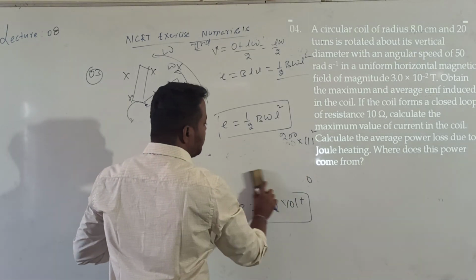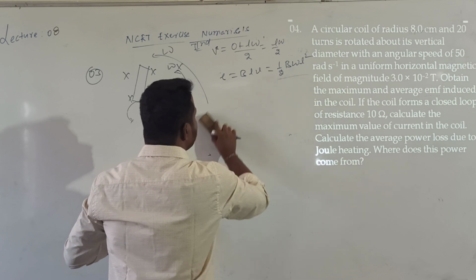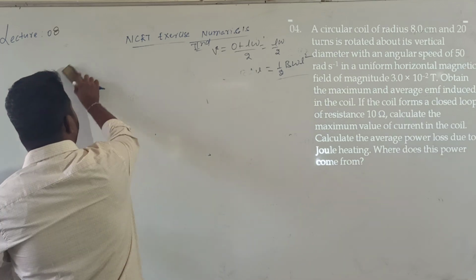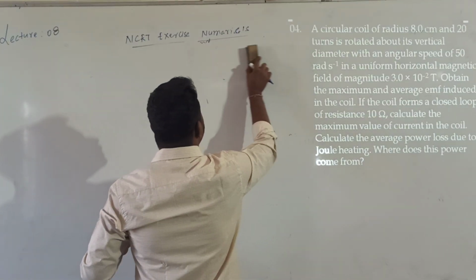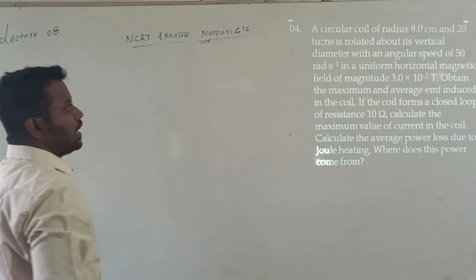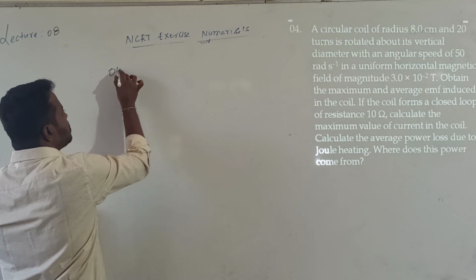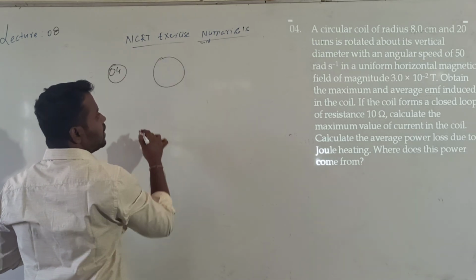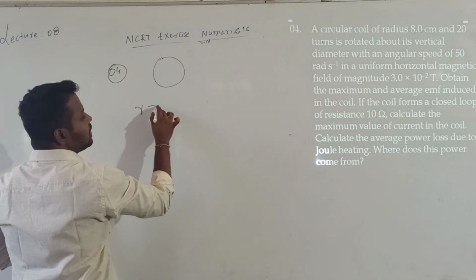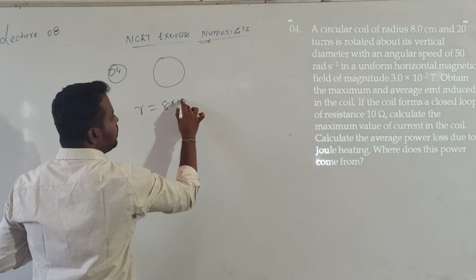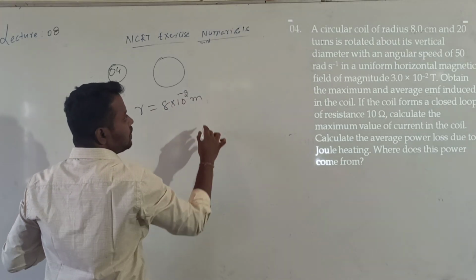Question number 4: a circular coil is given. That circular coil has radius 8 centimeters, that is 8 into 10 power minus 2 meters.